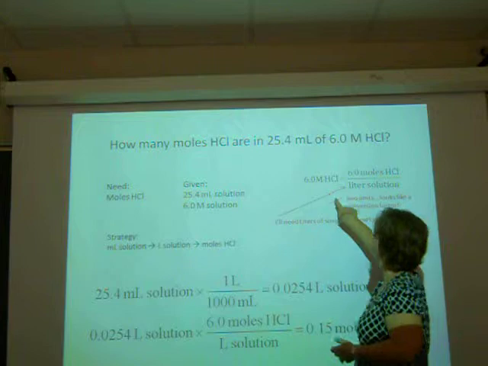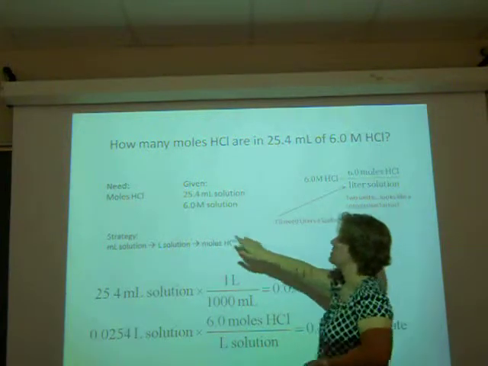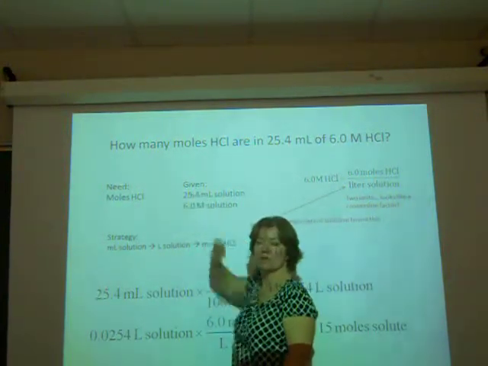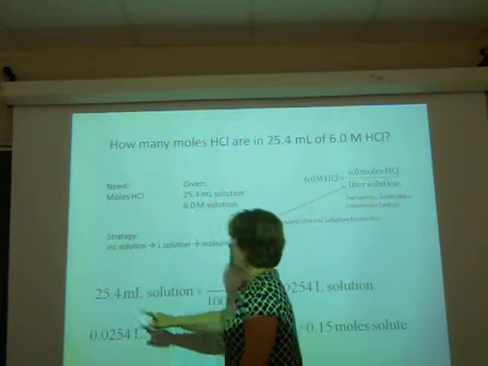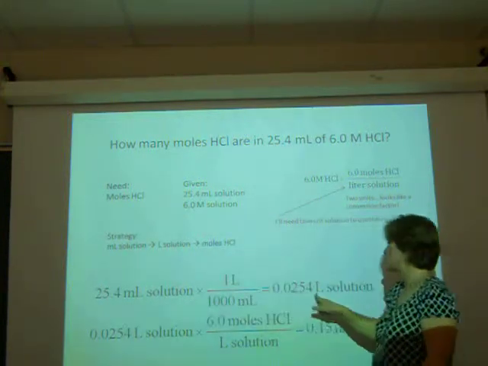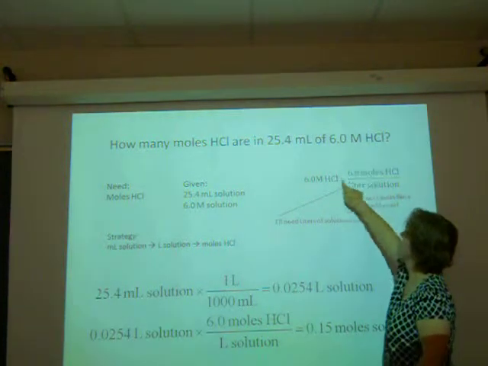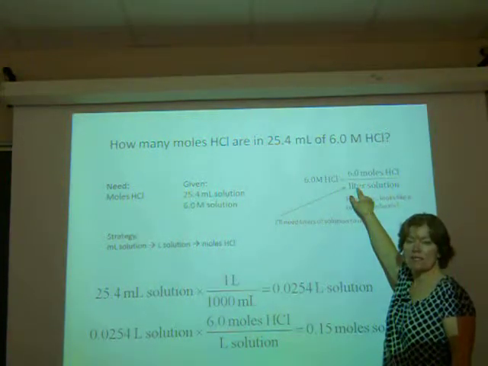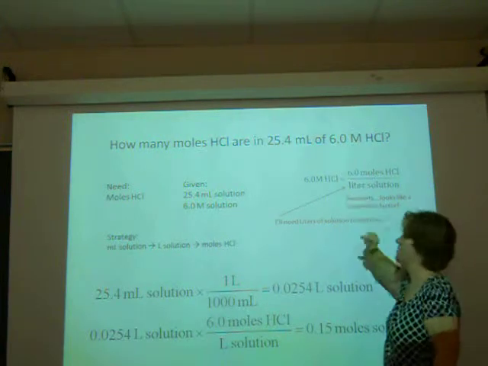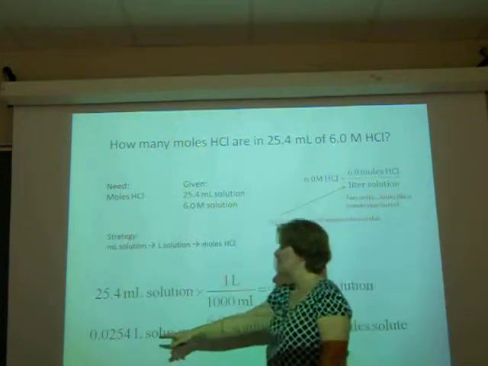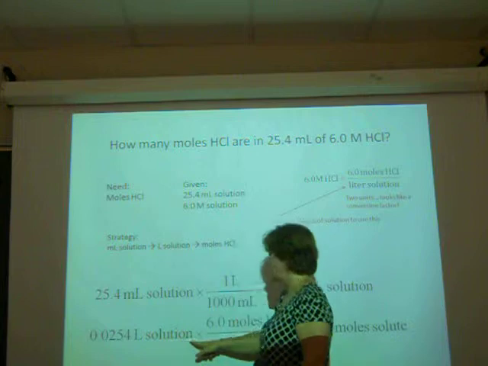Since this is going to be my conversion factor, I'm not going to start with this. That means I'm going to start with 25.4 milliliters, and I need to convert that to liters. I know I need liters because my conversion factor is in liters of solution. Then I take 0.0254 liters of solution.